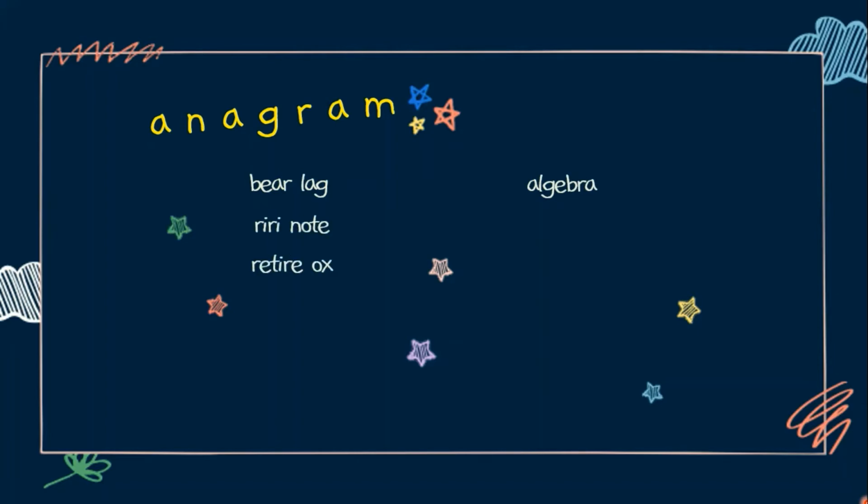So we have few words. We have "re-note," "retire ox," "cone VX," "Ven lucidity," and "pony log." One by one, starting from "re-note," rearranging these letters into one word, we're able to form interior. For "retire ox," we're able to form exterior.